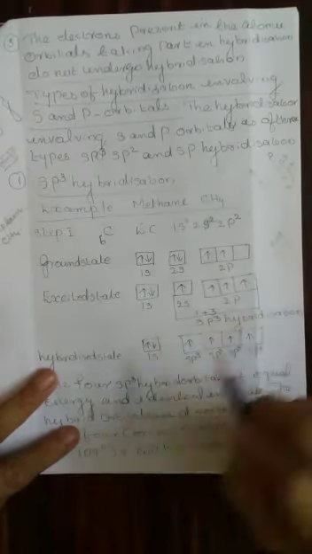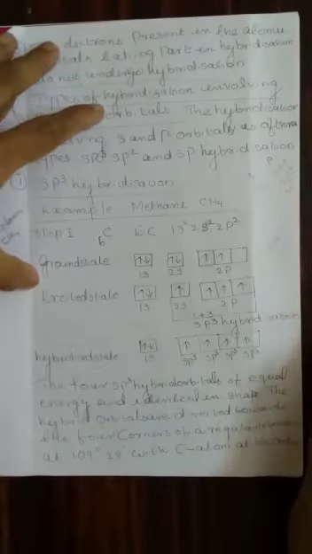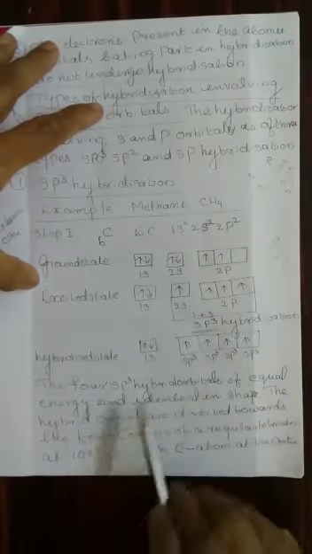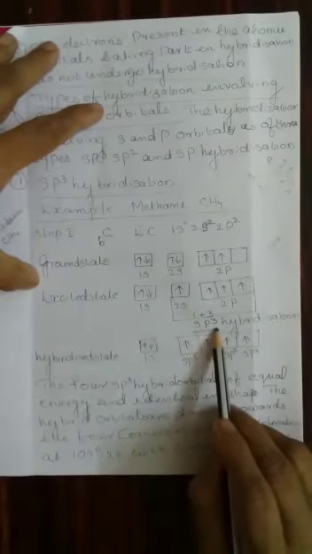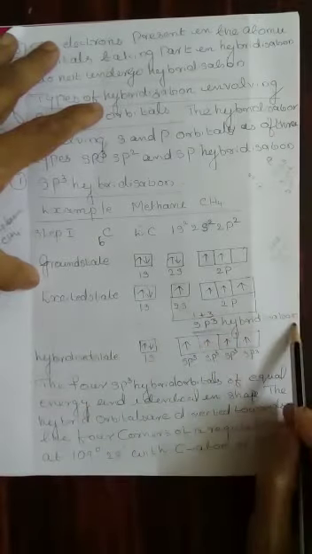Now we are going to select one s orbital, from the 2s, and from the p orbitals we are taking all 3. Therefore 1 plus 3, that is 4 orbitals before hybridization, are subjected to sp3 hybridization, that means 1 s orbital and 3 p orbitals, known as sp3 hybridization.